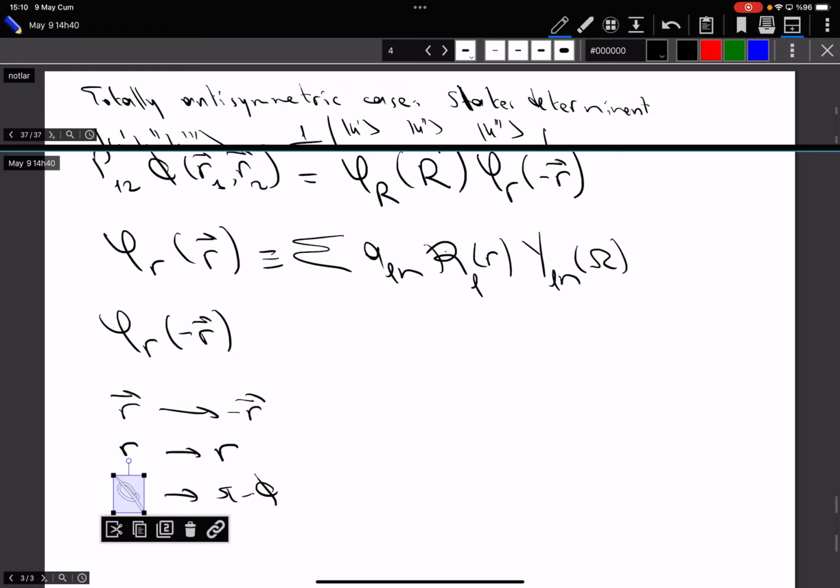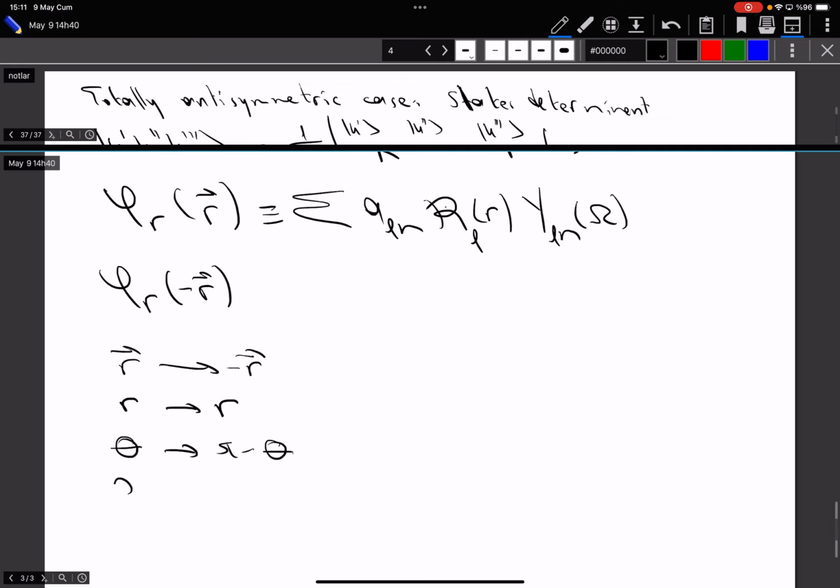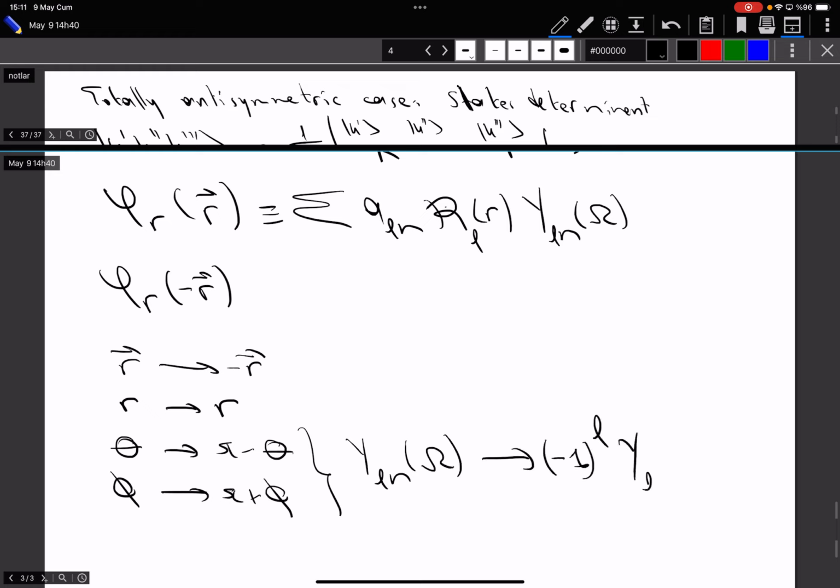Sorry, this is theta, the angle the position makes with the z-axis, and phi goes to pi plus phi. What these two do is Y_lm of omega goes to minus 1 to the power l times Y_lm of omega.